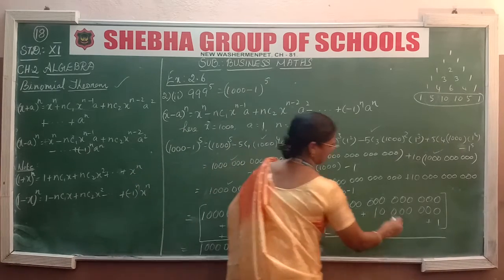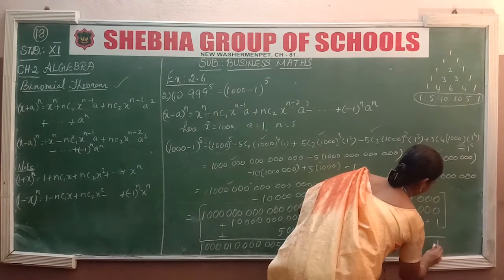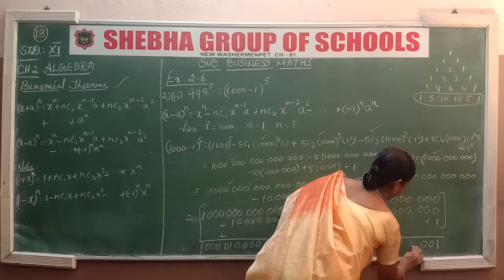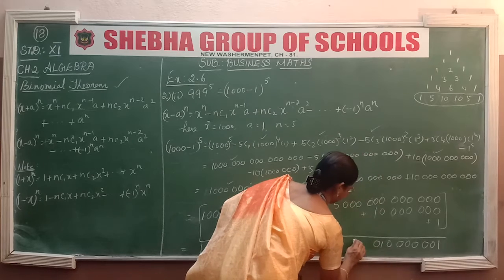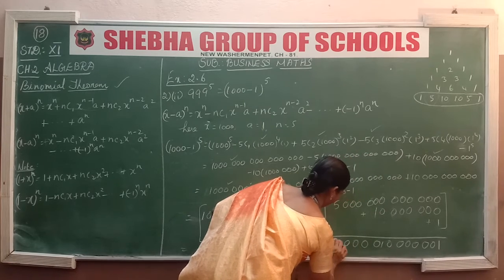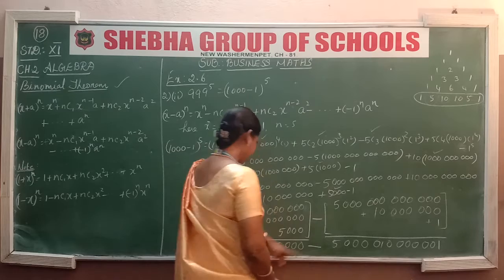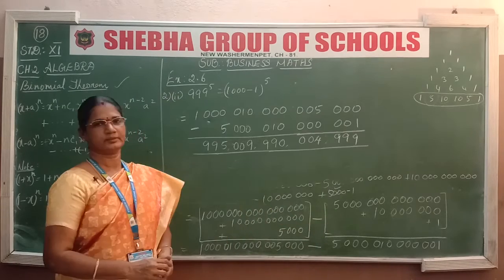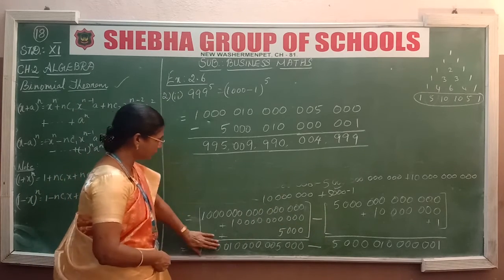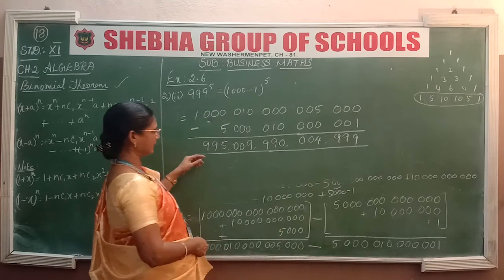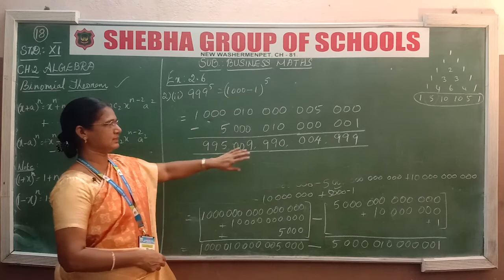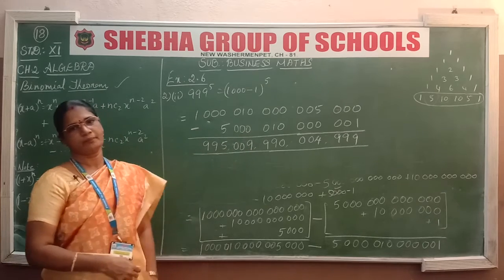Minus. Next add these three, we get 1 0 0 after 3 zeros, and 0 1 0, again 3 zeros, 5. Now subtracting these two we get the answer. First write the positive number and then write the negative one. Subtracting, we get the answer. This is our answer. Understood?